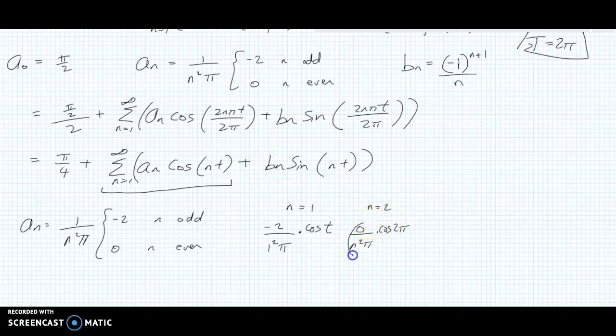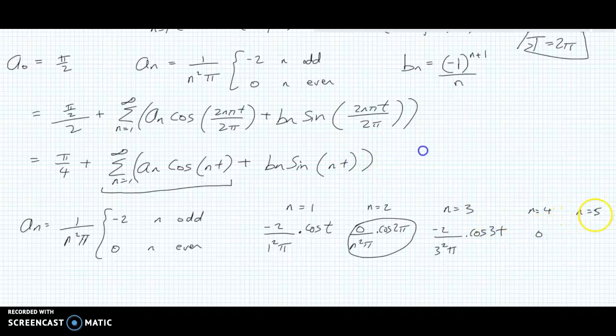The whole thing here goes to 0, and when n equals 3, we're going to have minus 2, because n is odd now, minus 2 over 3 squared pi times cos of nt. So n is 3 now, so you have cos of 3t. When n is 4, it's going to 0.